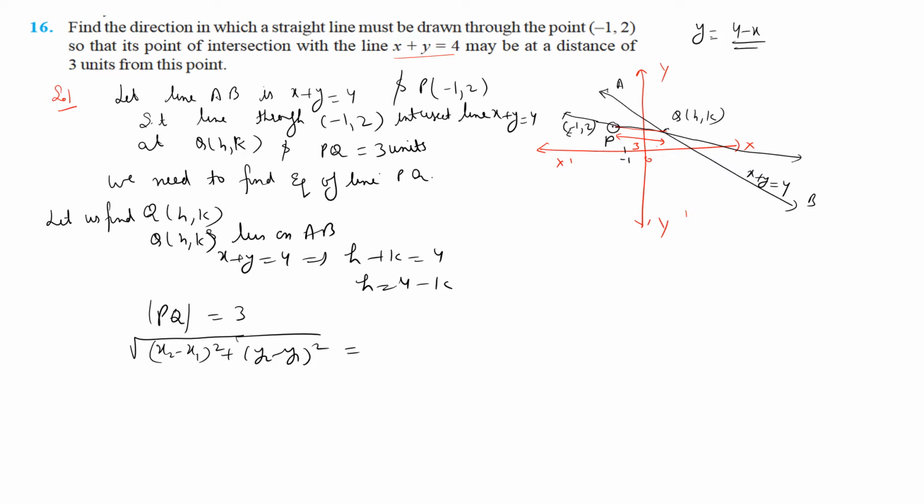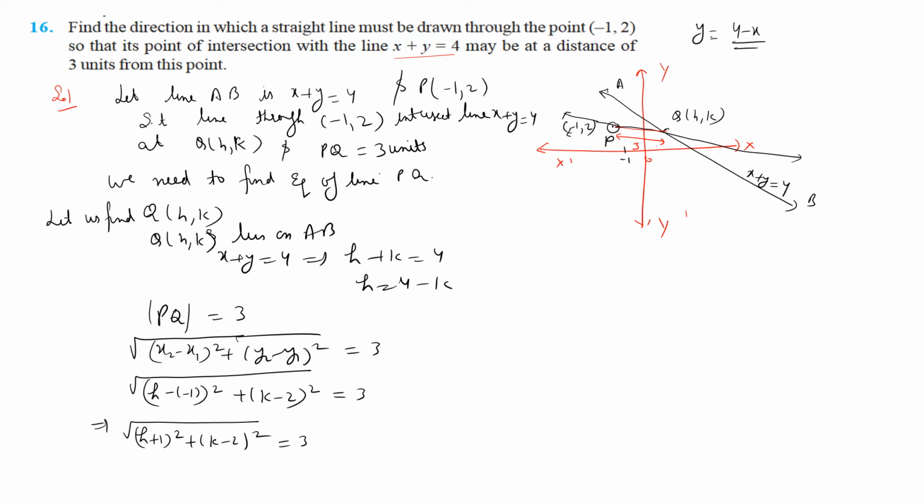Putting back the values, it will be (h minus (-1)) whole square plus (k minus 2) whole square equals 3, so it becomes (h plus 1) whole square plus (k minus 2) whole square equals 3.